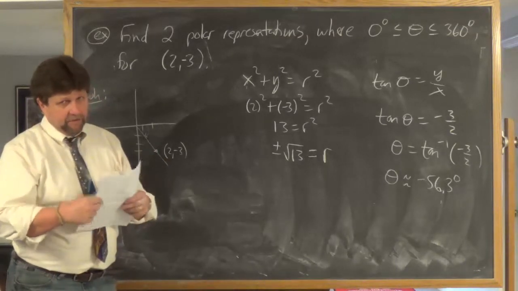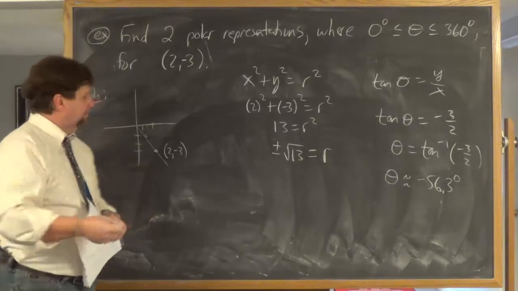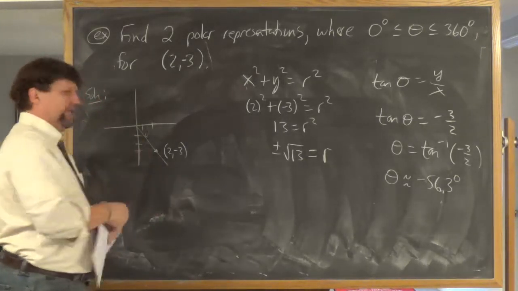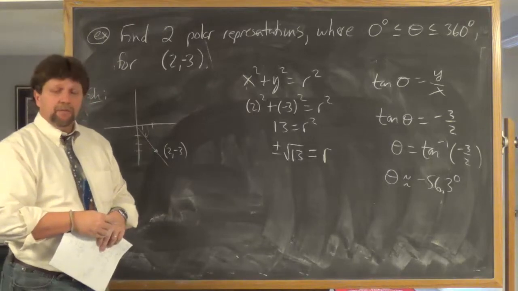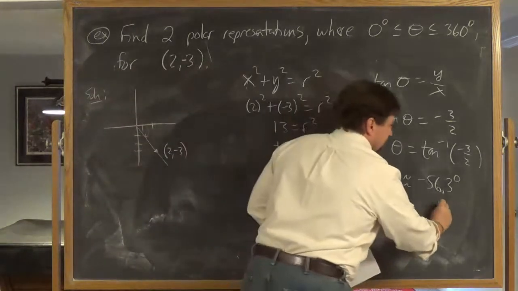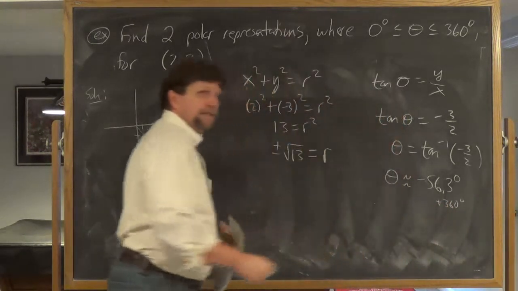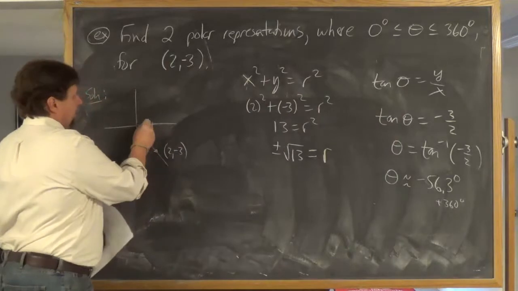So let's think how easy this could be. The most straightforward, immediate way: get the angle that's coterminal with negative 56.3 degrees. That is, just simply add 360 degrees to this.